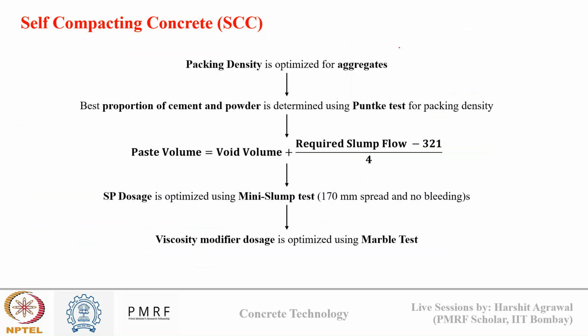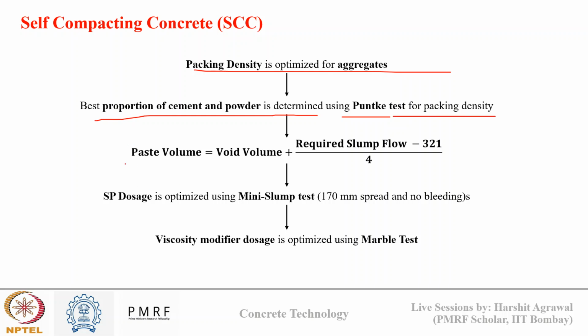Now, how are these ingredients engineered to form a self-compacting concrete? The following flowchart presents a short overview of the process. First, we start with the aggregate. The packing density of aggregate is optimized first. Once we know the amount of voids after optimizing the packing density, the best proportion of cement and powder is determined using the Puntke test for packing density.